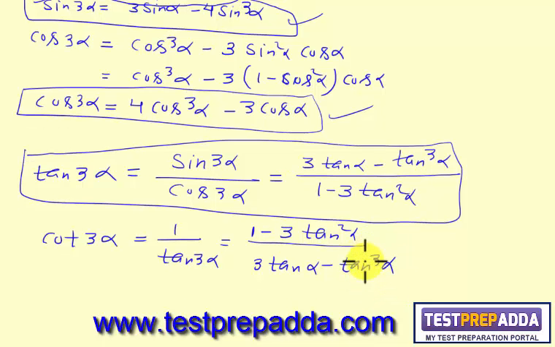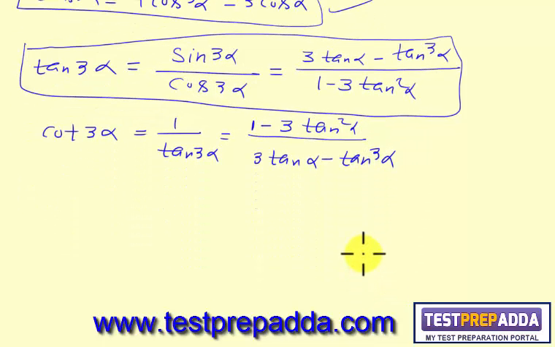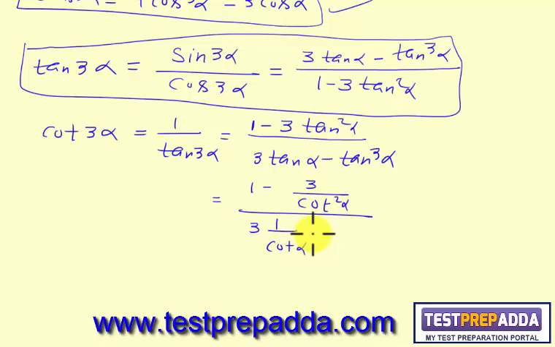Now, in place of tan alpha, I'll write 1 upon cot alpha to get the identity in terms of cot. So it becomes equal to 1 minus 3 upon cot square alpha, upon 3 into 1 upon cot alpha minus 1 upon cot cube alpha.